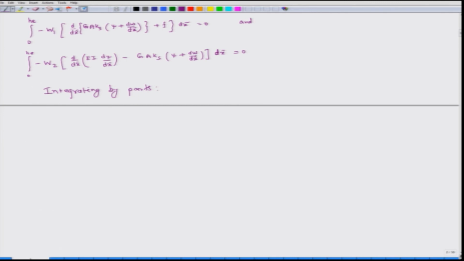So, what we get is again two equations, from 0 to HE, and here in the first equation we shift the differentiability operator d over dx to W1.